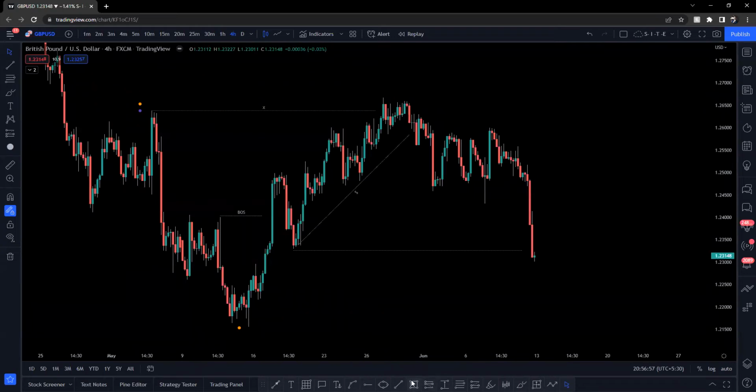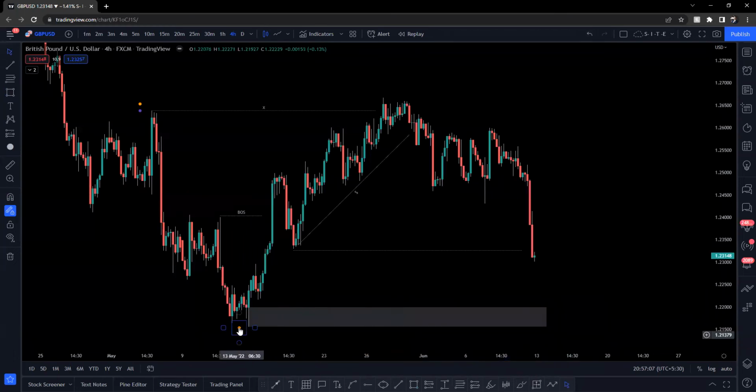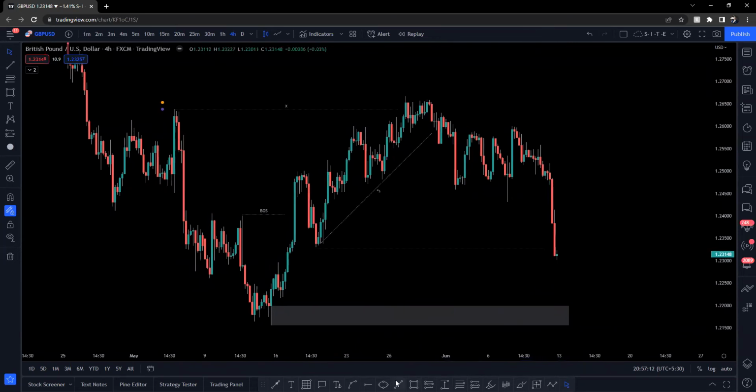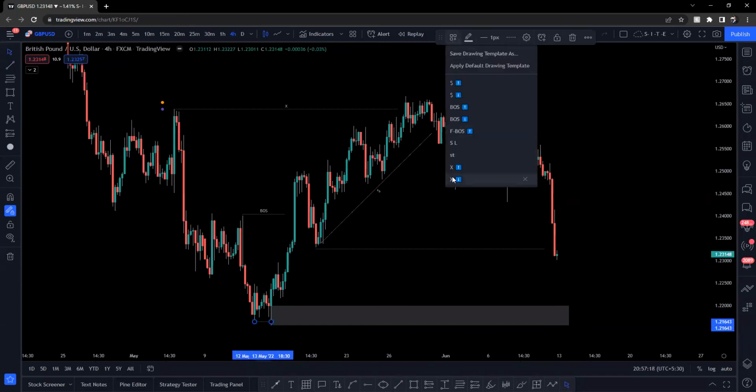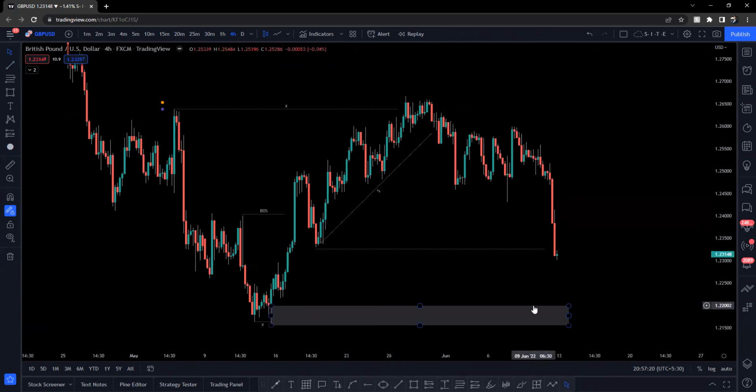Okay, so this was a liquidity right here, and we have some zone here. Why did I mark this zone as demand? If you see here on the left side, this previous low has been swept by this candle. So this demand becomes stronger.